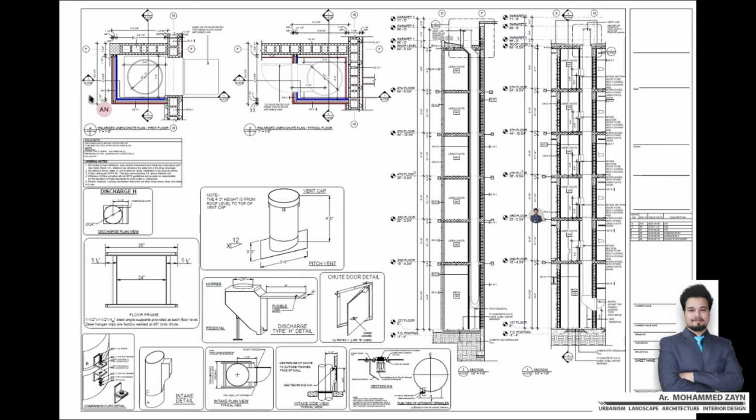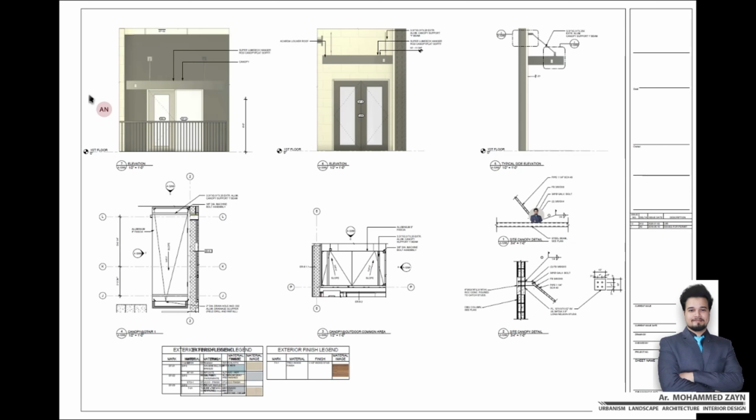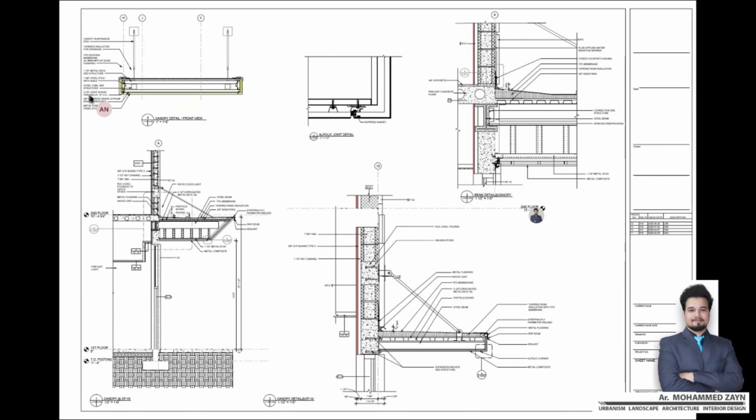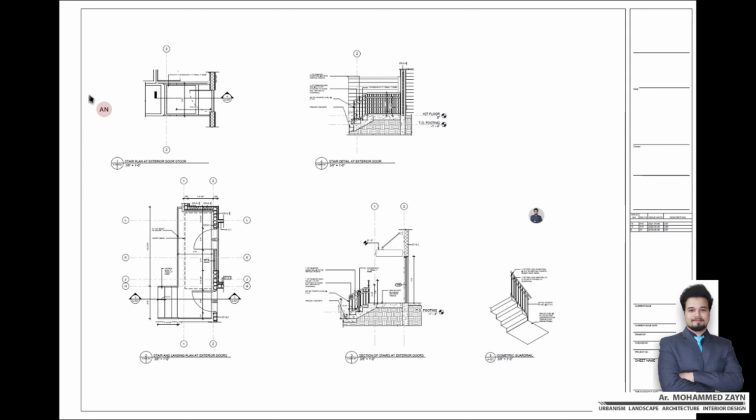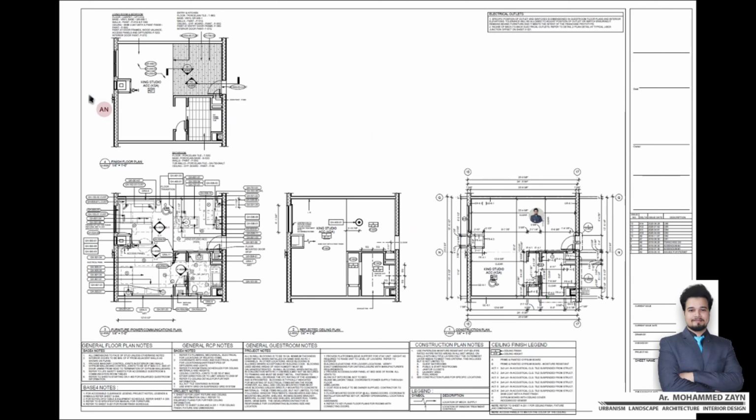You can just keep going through the sheets to understand the level of detailing that we can do in Revit and what we learn in this workshop. So in here, when you're seeing these drawings, all the links are loaded. So you're also seeing all the MEP, all the mechanical ducts that are going to come into the picture.